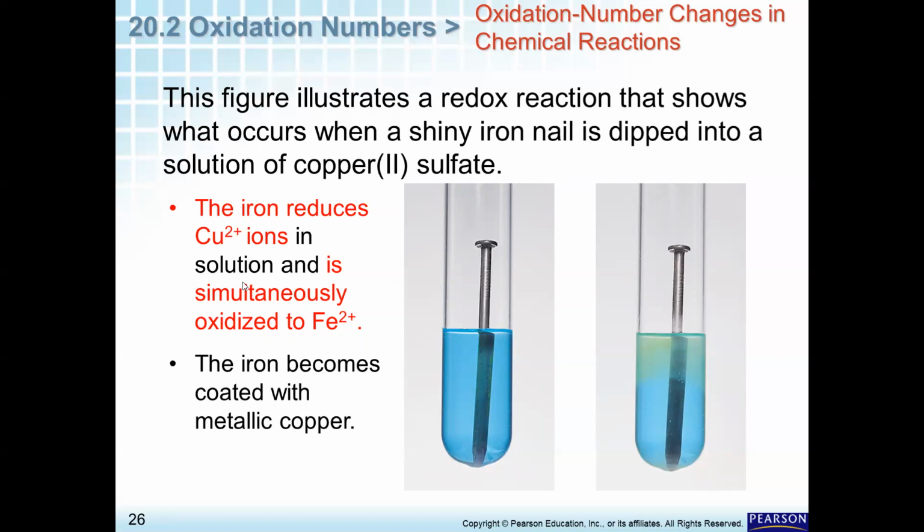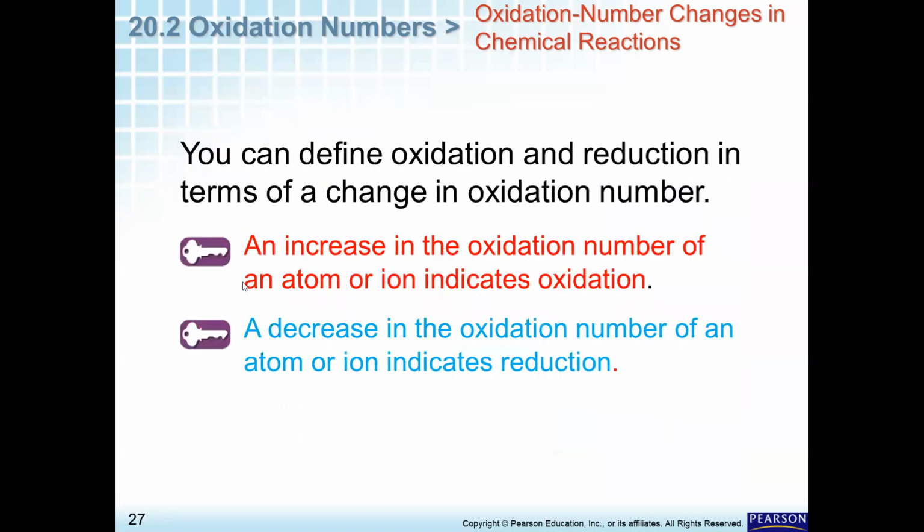So the copper has gone from copper 2 plus into copper 0. Is that a decrease or increase? That's a decrease, so that is a reduction. So we can say that copper has been reduced and iron has been oxidized. Okay, let's see more examples.